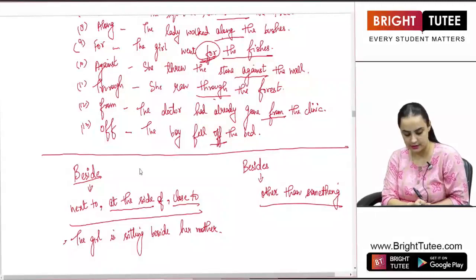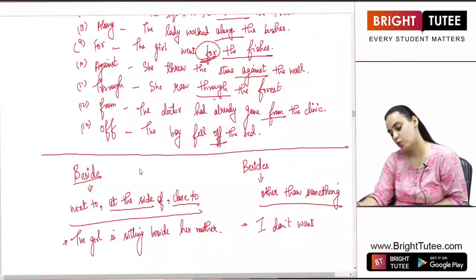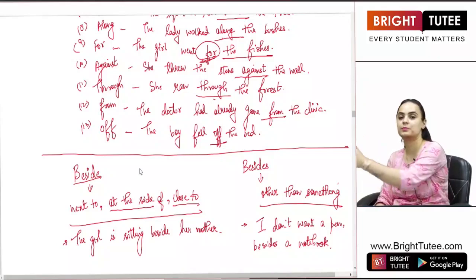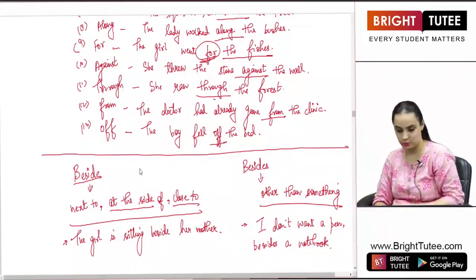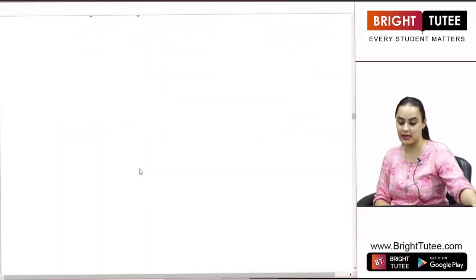On the other hand, if I give you an example that I don't want a pen besides a notebook. So it is not a pen that I want, but a notebook. So this is the difference between the usage of beside and besides.